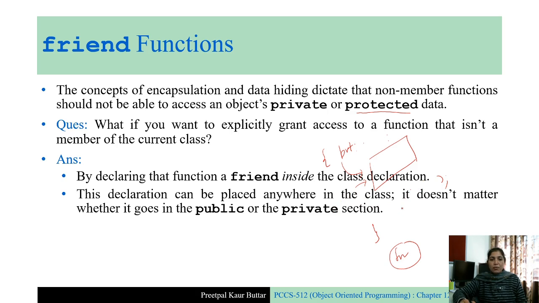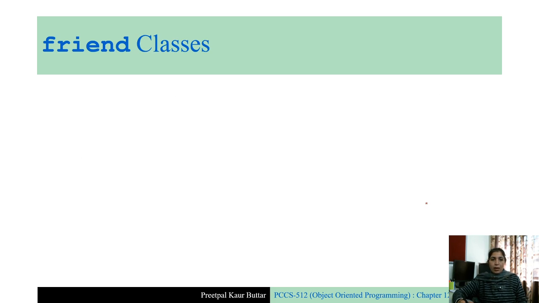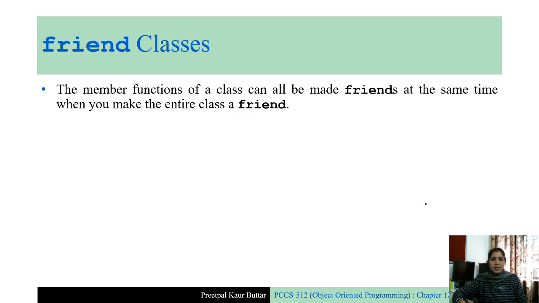It does not matter whether it goes in the private or public section. You can declare the friend function anywhere inside the class, whether in the private section or in the public section. We will see a few examples on how to create friend functions and how to make use of them.